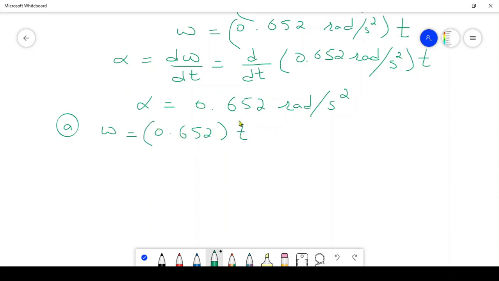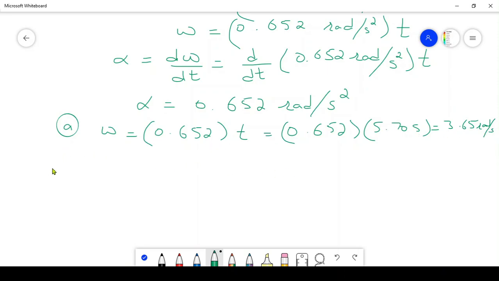The time is given by 5.60 seconds. If I plug in the value of time, I would get 3.65 radians per second.